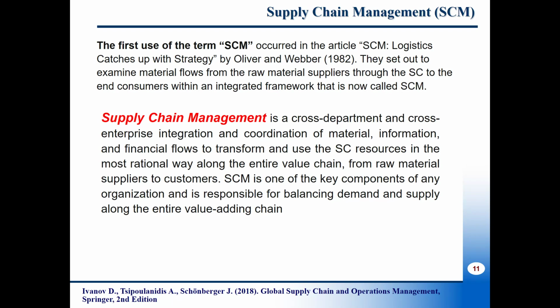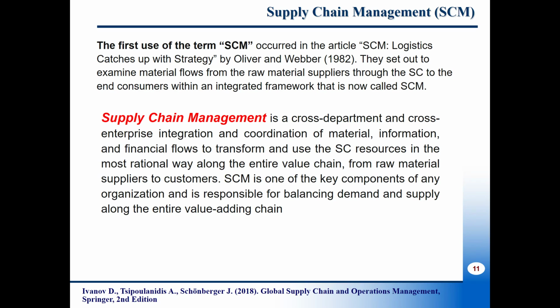For instance, materials cannot be delivered from suppliers to end customers without getting information from the customer about how much they would like to buy and what characteristics of products they would like to purchase. And without financial flows, it is impossible for materials to be transformed into products to satisfy customer needs.